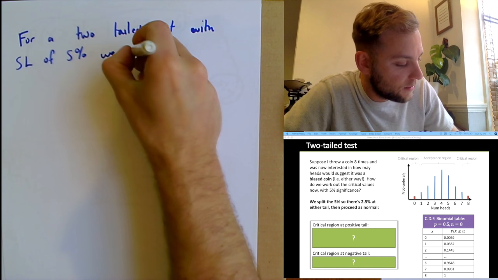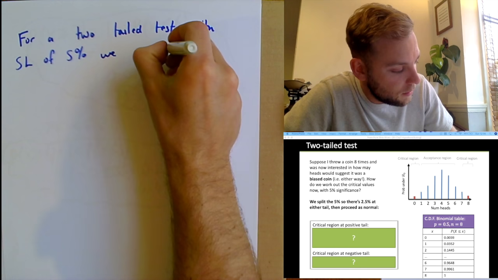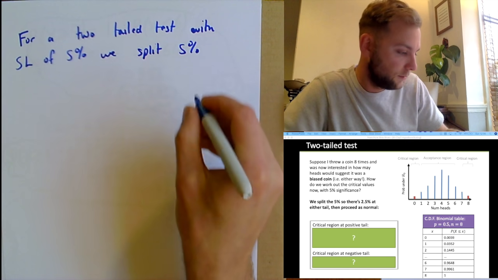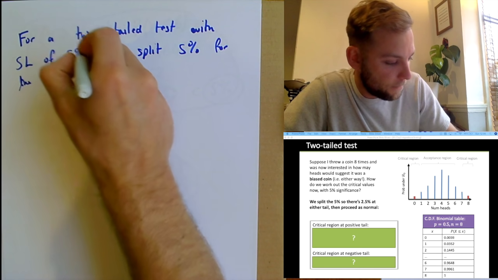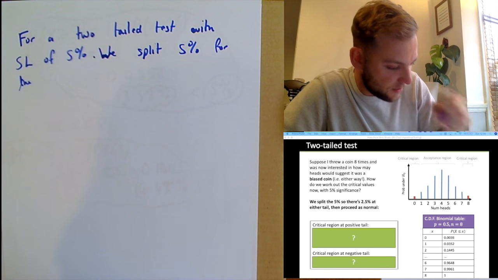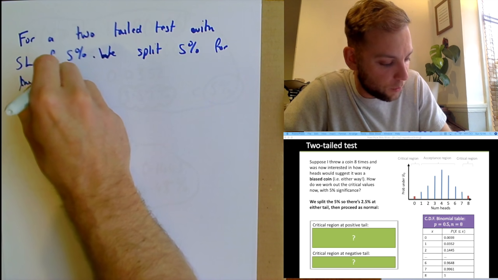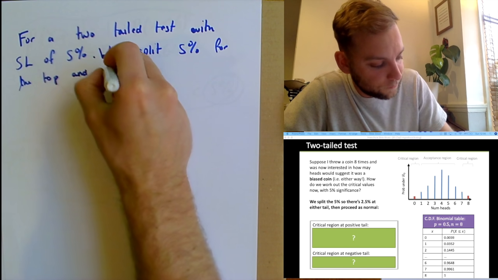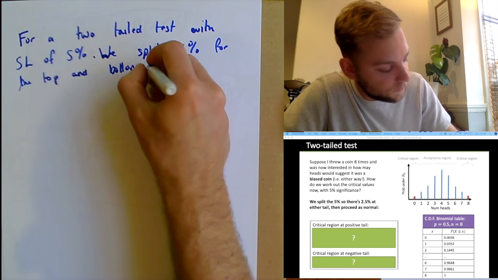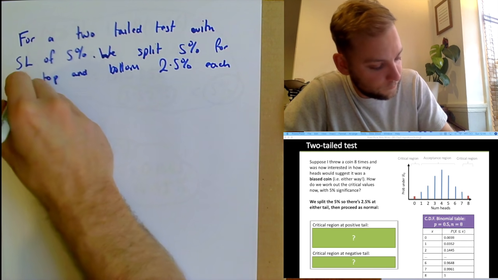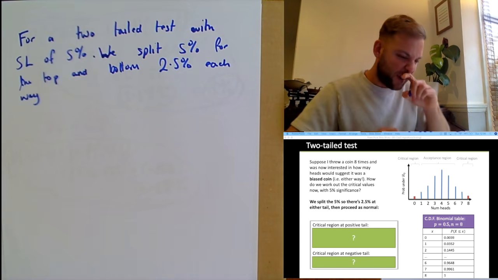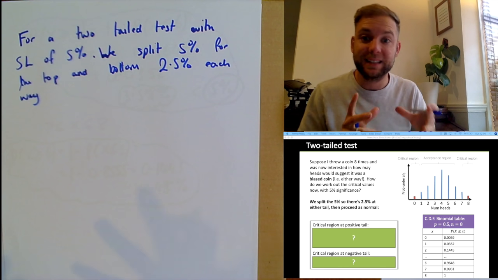We split 5% for the top and bottom. So 2.5% each way. So 2.5% each way. And then we test for that there.